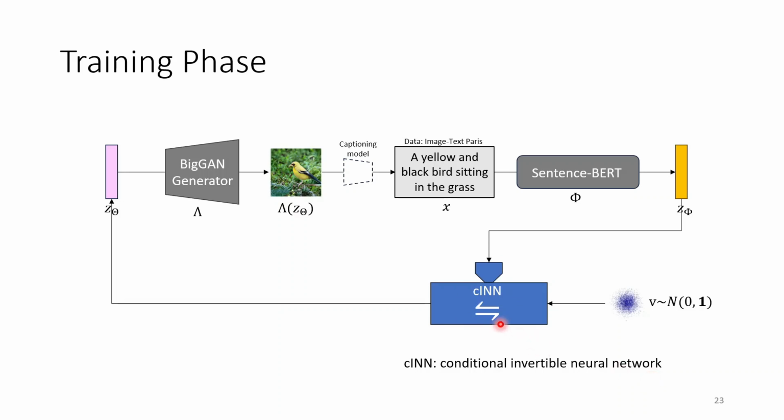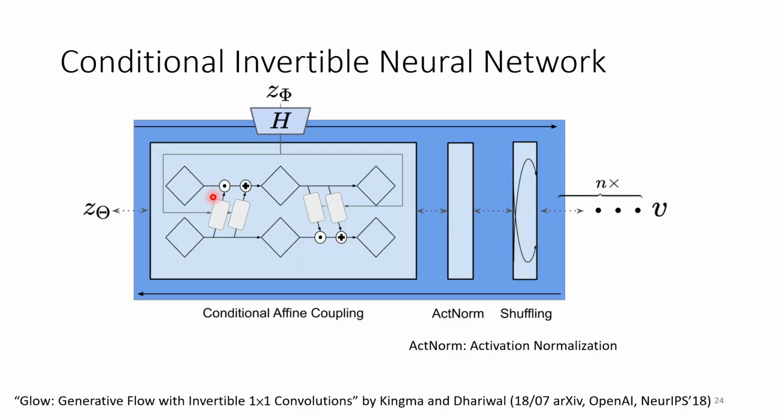So the CIN can use the vector of the sentence as condition and a random variable to generate the vector of input for BigGAN. This is the structure of the conditional CIN, and the architecture was proposed in this paper.